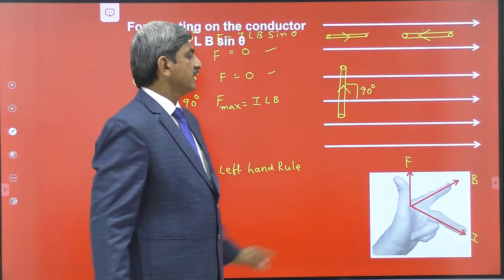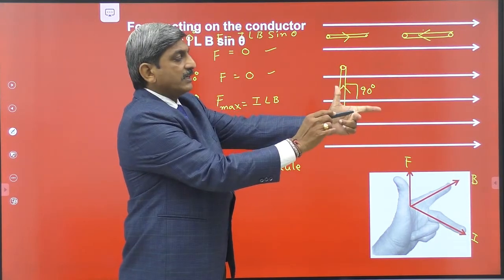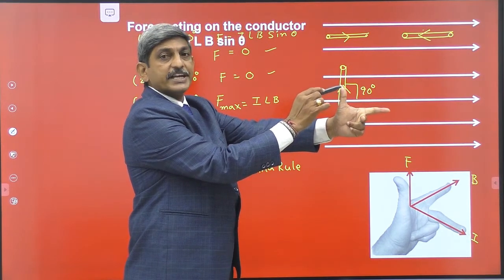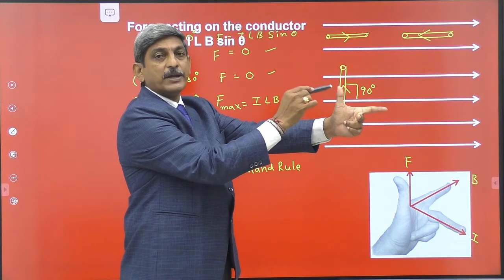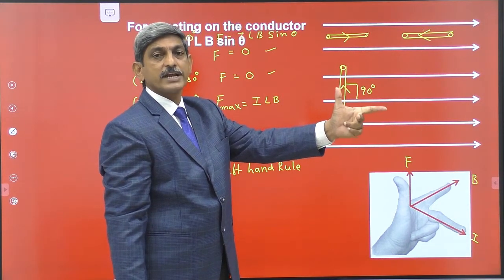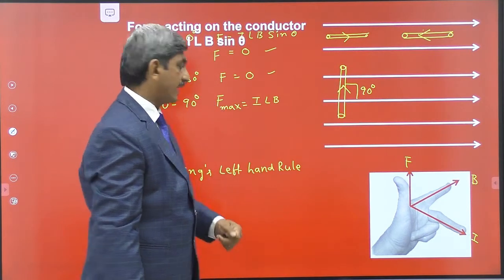Here, the index finger indicates the direction of the magnetic field, the middle finger indicates the direction of the current, then the thumb indicates the direction of the force. By using this Fleming's left hand rule, we can decide the direction of the force acting on the current carrying conductor placed in the magnetic field at right angle.